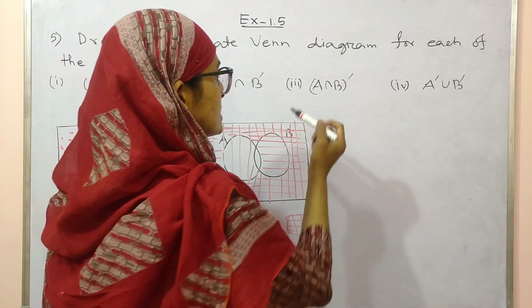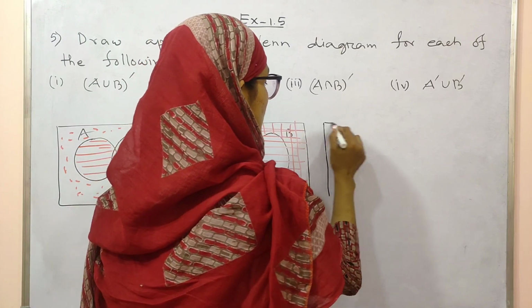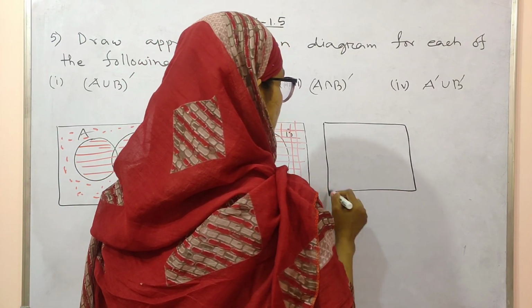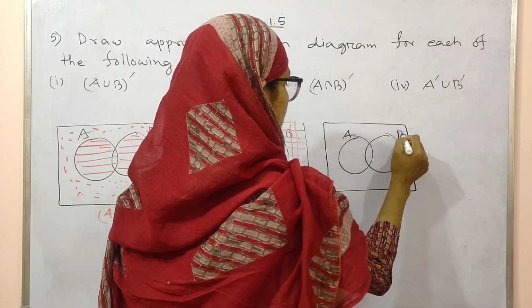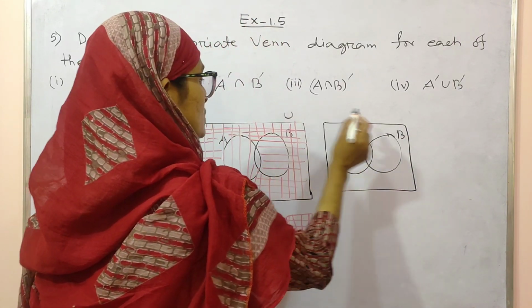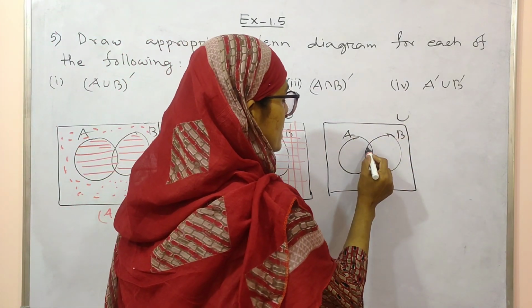Next, (A intersection B) complement. Say this one is A, this one is B, and the universal set U. Next, A intersection B is the middle part.